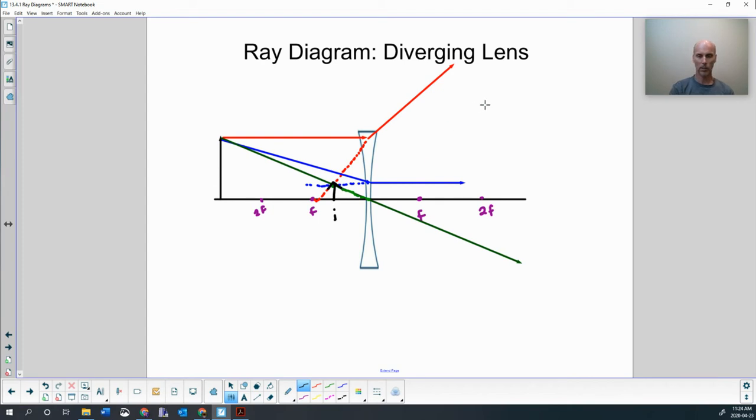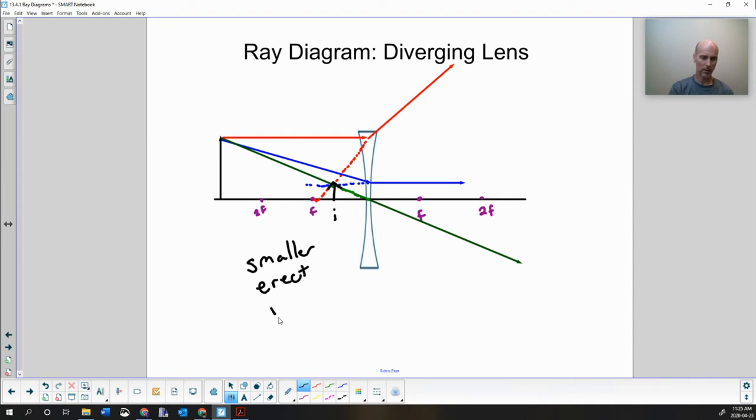So in terms of image characteristics, we have an image that is not real. It's a virtual image. Let's start with size. It is smaller, so I keep my consistent characteristics. Size-wise, it's smaller. In terms of its attitude, it is erect.